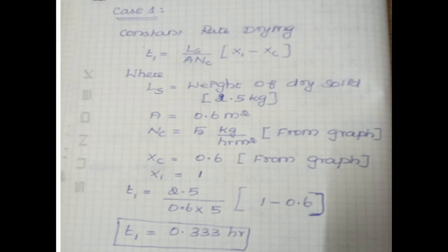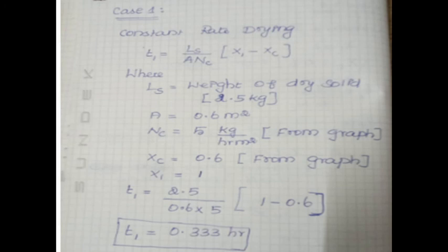So Ls is equal to weight of dry solid. This is calculated value 2.5 kg. Capital A, slab area 0.6 meter square. Capital Nc is nothing but drying rate at constant rate condition. Are you clear or not? Okay, N is nothing but drying rate. C represents constant rate drying. So this value is taken from graph, 5 kg per hour meter square.